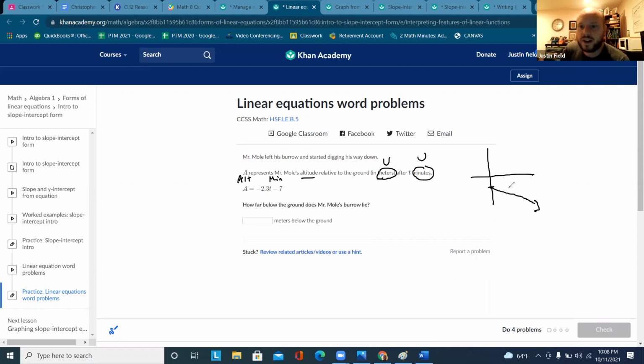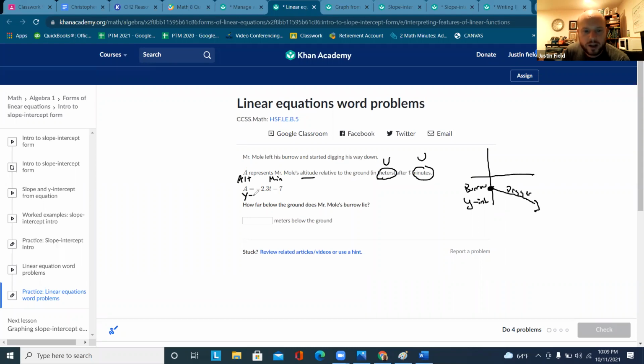Before is a y-intercept word. His burrow is here and he is digging deeper. So what is this point on the graph? It's none other than the y-intercept. And what is the y-intercept in the equation?